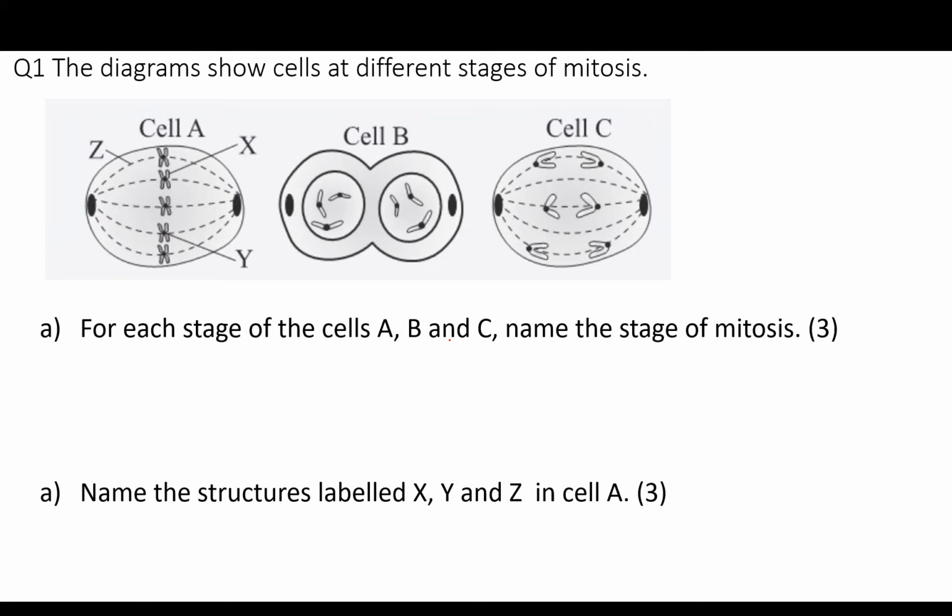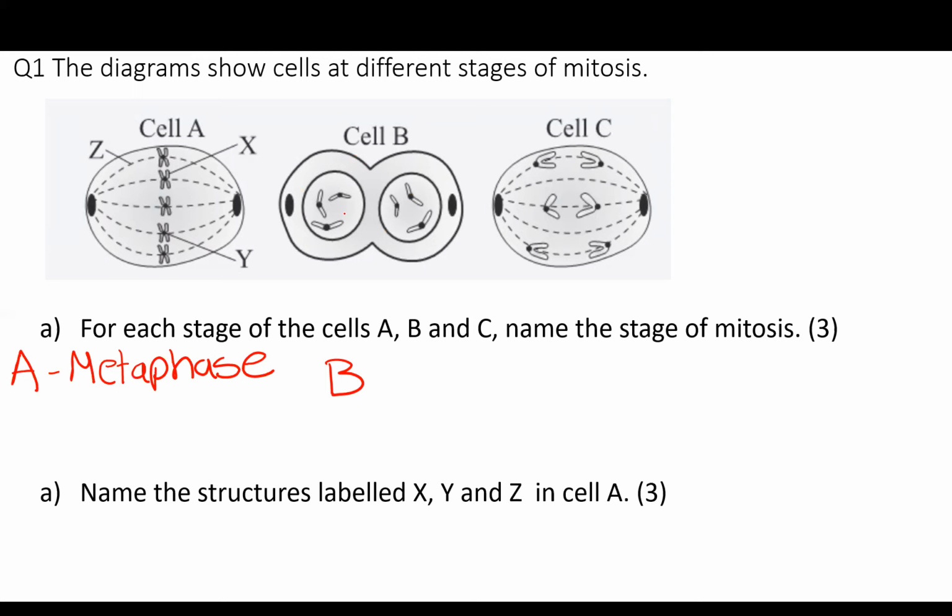So looking at A, we've got that lining up of the chromosomes along the middle of the cell. We're going along the middle, which means it's metaphase. Some people think middle and M for meta as a way to remember it. That's metaphase. B, we've got two nuclei formed in one cell.